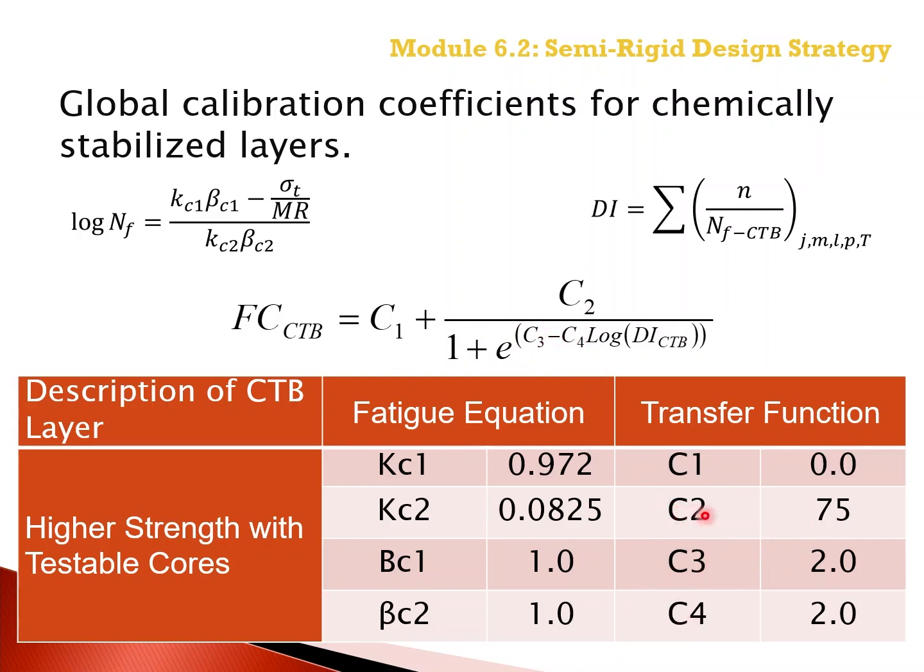One of the reasons why C2 is 75 and not 100, regarding 100% of the lane area that is cracked, is that most of the cracks in the CTB, or the chemically stabilized layer, are going to remain within the wheel path area or very much adjacent to the wheel path area. So 100% was not derived during the global calibration for the C2 term.